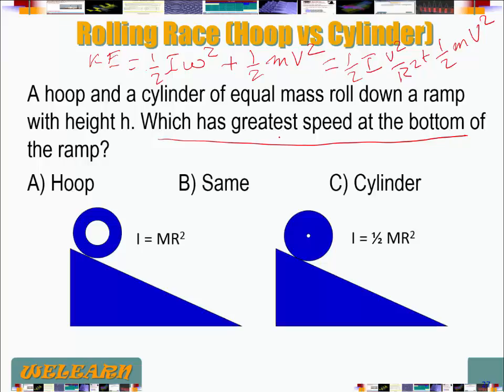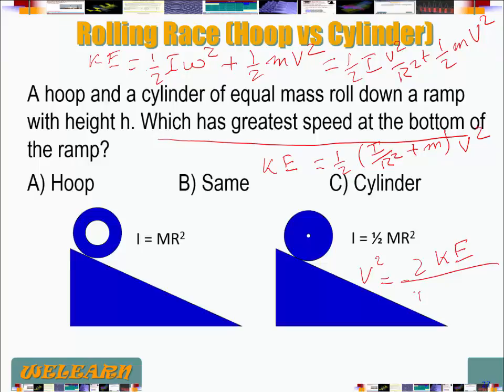Or in other words, my kinetic energy, which is the same for both of them, is going to be equal to 1/2 of I over r squared plus m times v squared. And v squared is then just equal to 2 kinetic energy, which is the same for both of them, over I over r squared plus m.